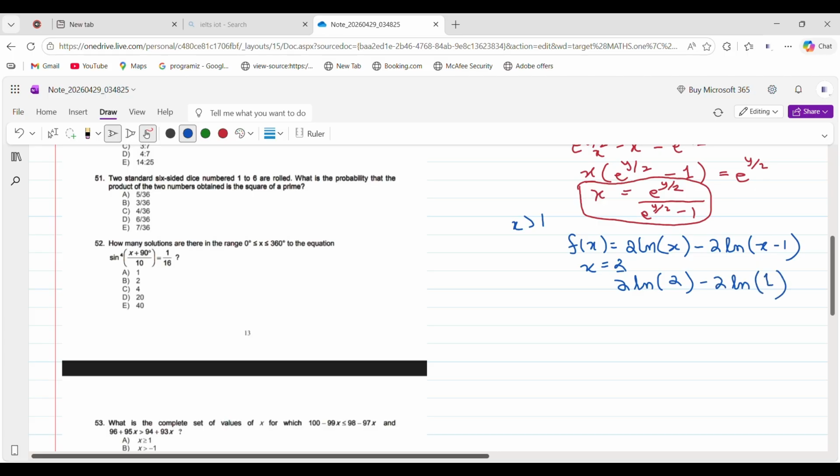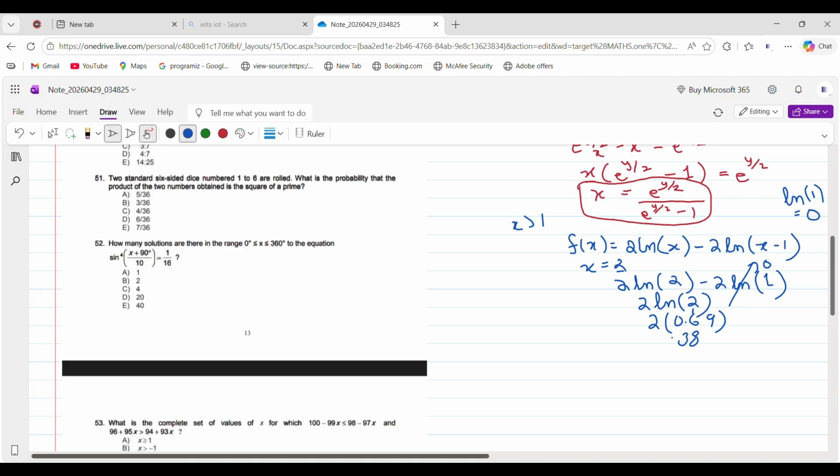Now know this property of ln: when ln has an argument of 1, it would definitely be equal to 0. So this whole term equals 0. Now we are left with 2 ln 2 only. Ln 2 equals basically 0.69, and multiplying by 2, 2 nines are 18, 2 sixes are 12, 13, so we get 1.38.